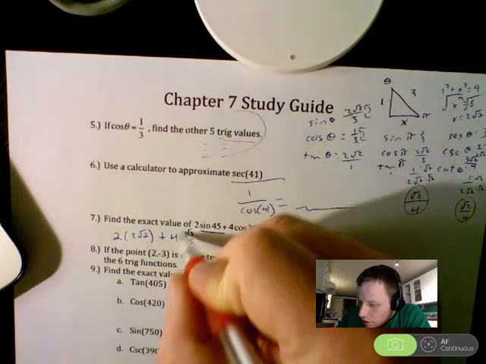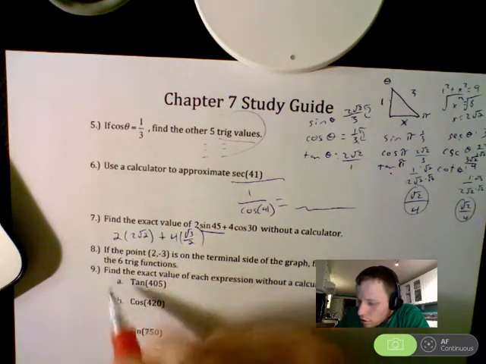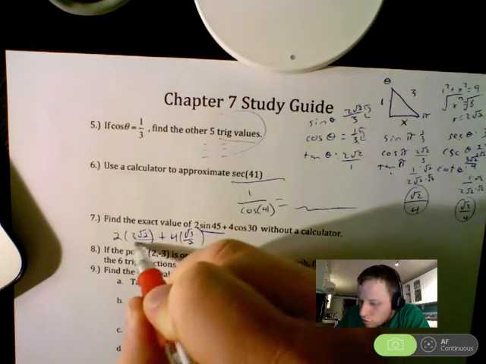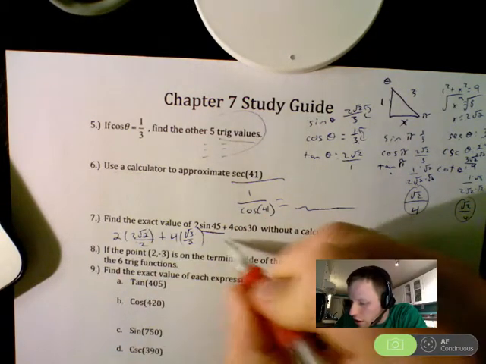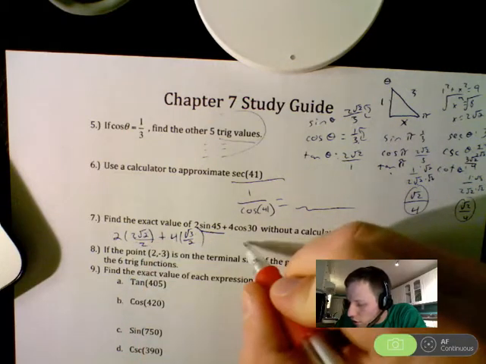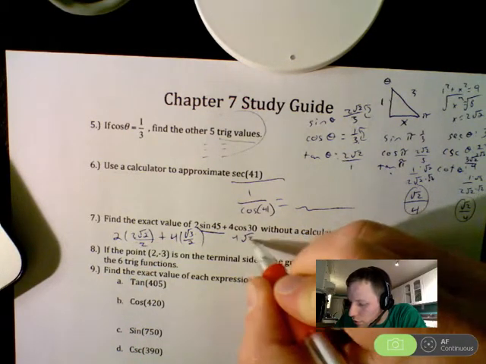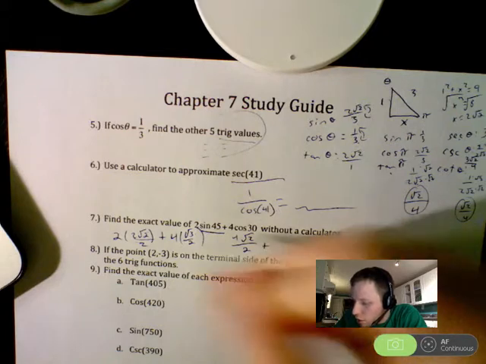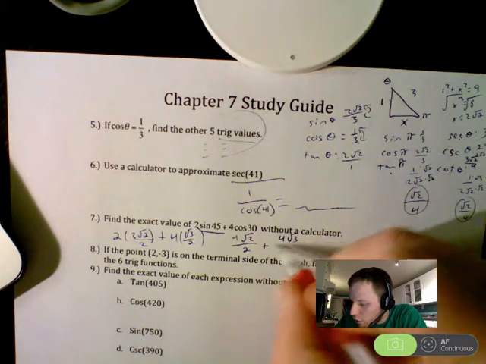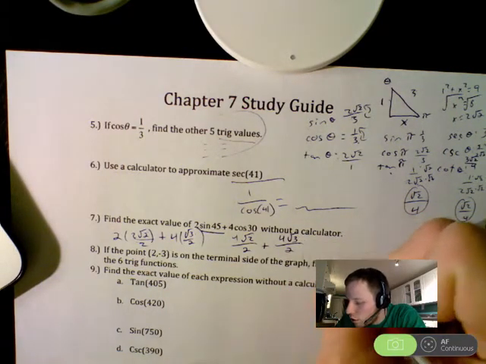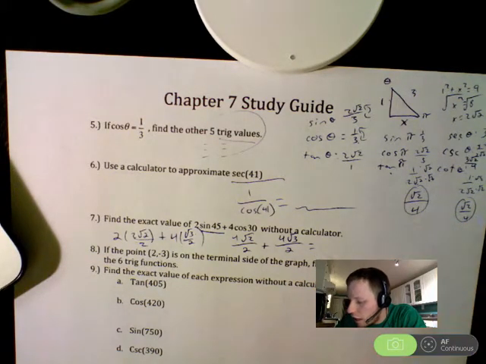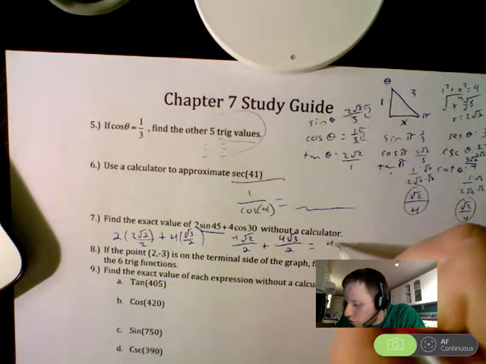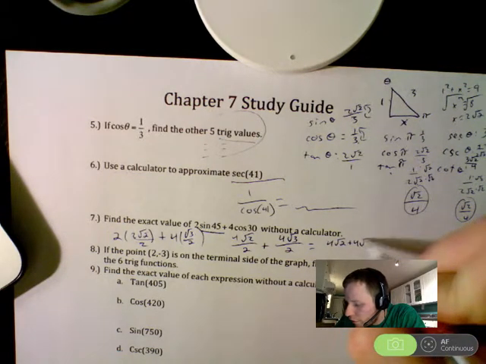So I have this here. And this is over 2, sorry. So this ends up being 4 square root of 2 over 2 plus 4 square root of 3 over 2, which we really could say is the same as 4 square root of 2 plus 4 square root of 3 all over 2, which would simplify.